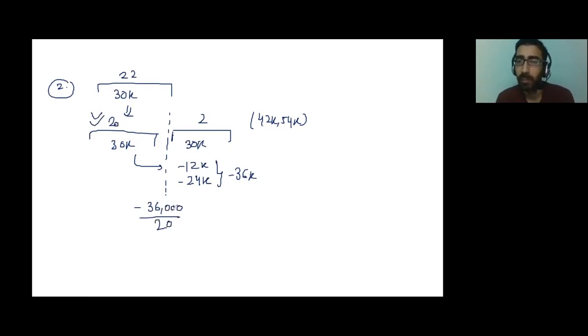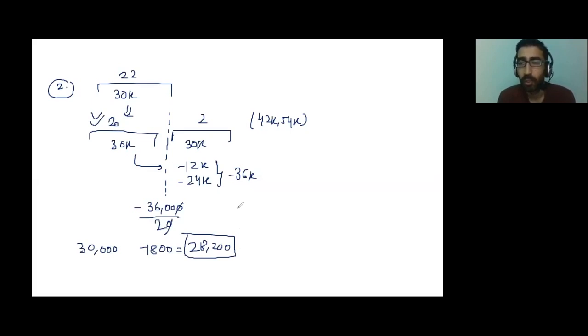I have to see numbers in terms of the contribution of each person, and that here happens to be 36,000 by 20, which of course is 1,800. Since each of them earlier had 30,000 and had to give away 1,800, my average must be 28,200. The average savings now is 28,200. Is this clear?